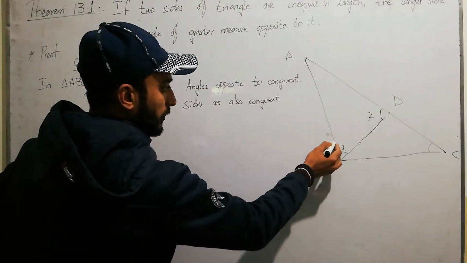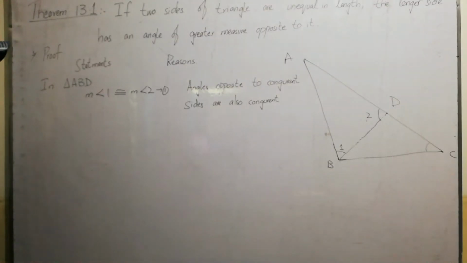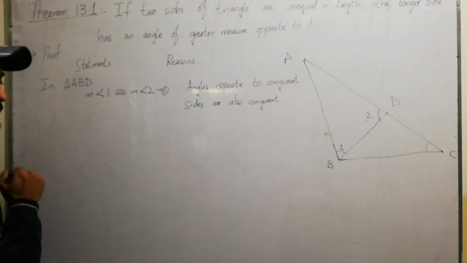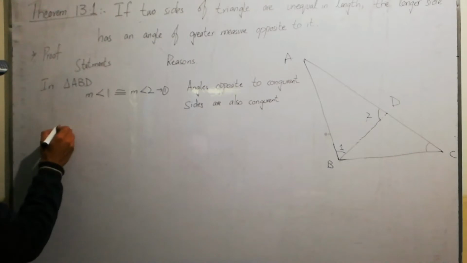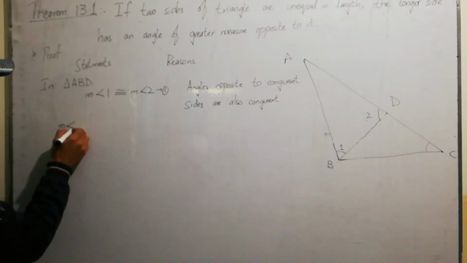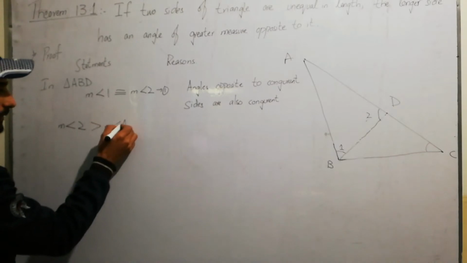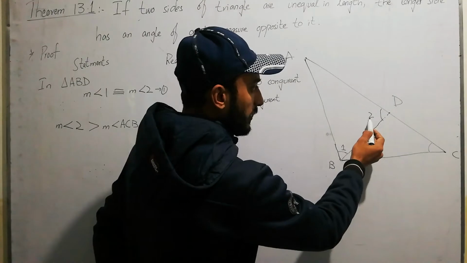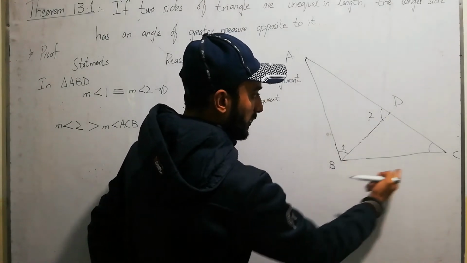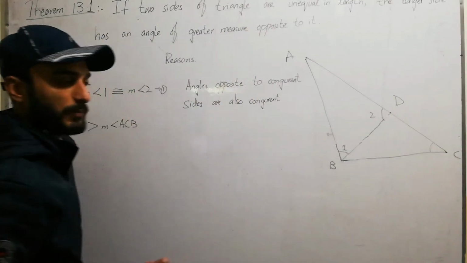As in construction, we can say that AB is equal to AD, so ABD is an isosceles triangle. So from here we can say that the measurement of angle 1 is congruent to the measurement of angle 2. In the next step, we can say that the measurement of angle 2 is greater than the measurement of angle ACB because angle 2 is an exterior angle with respect to triangle BCD.